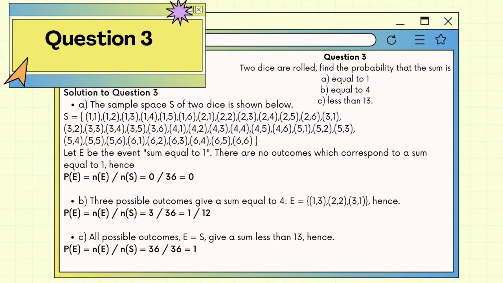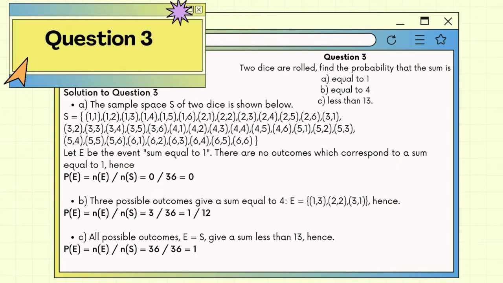Question 3. Two dice are rolled. Find the probability that the sum is A, equal to 1, B, equal to 4, and C, less than 13. Solution to question 3. For A, the sample space S of two dice is shown below.